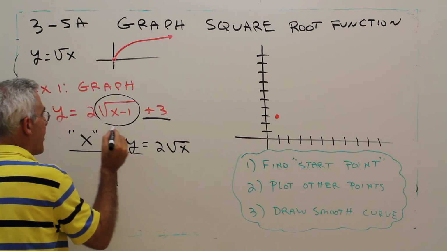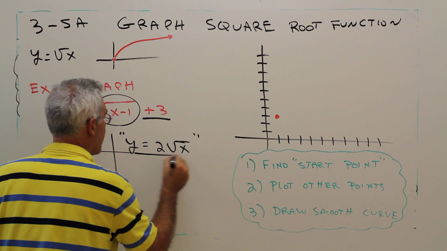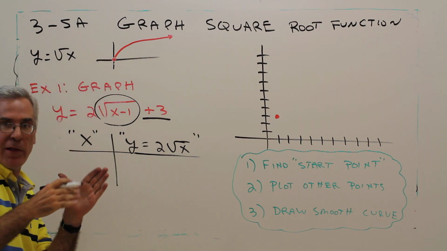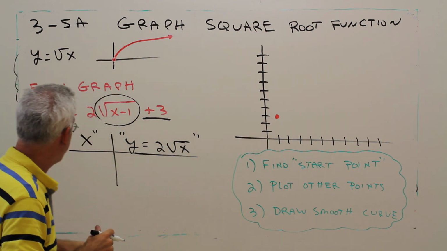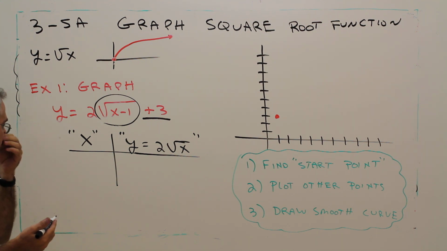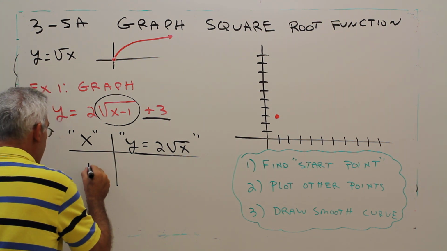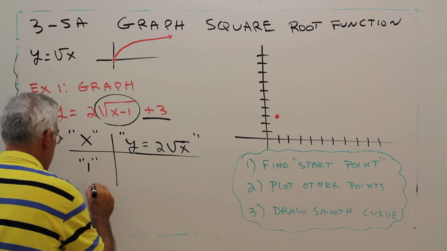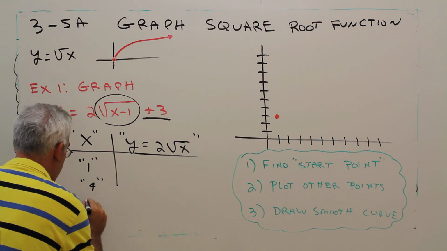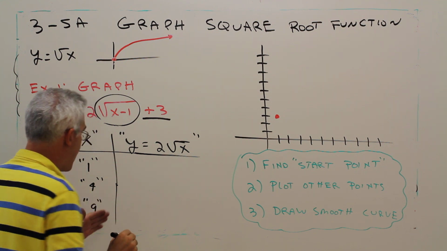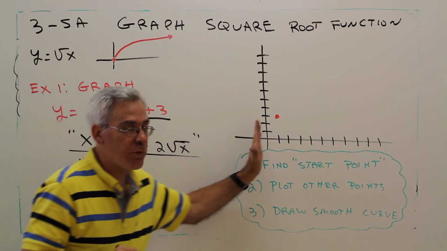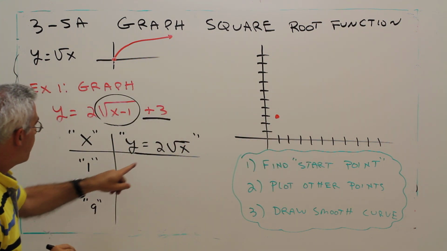I'll put these in quotation marks, just so you know it's not the real x and y values, it's referenced from the starting point. All right, so I'm just going to use friendly values. So 1, 4, and 9. And again, those are units referenced from the starting point.